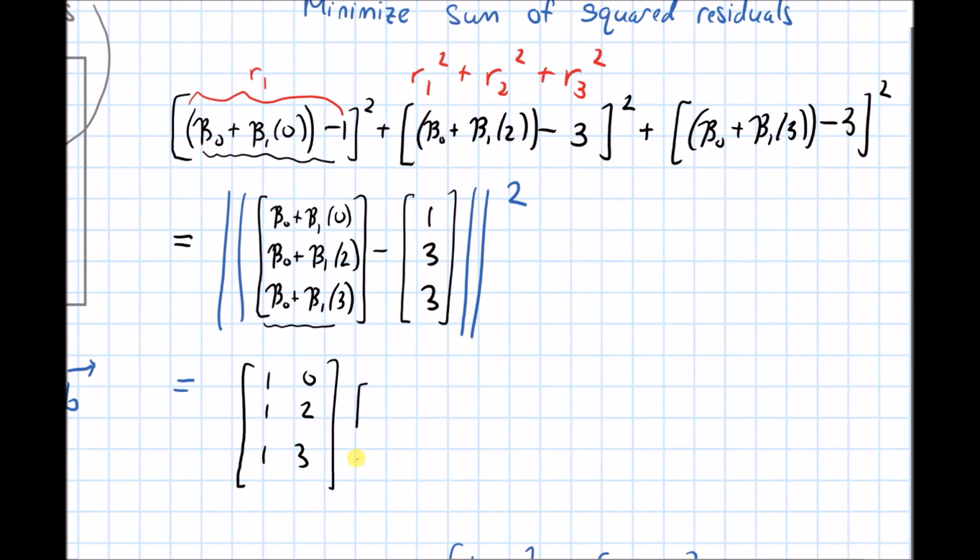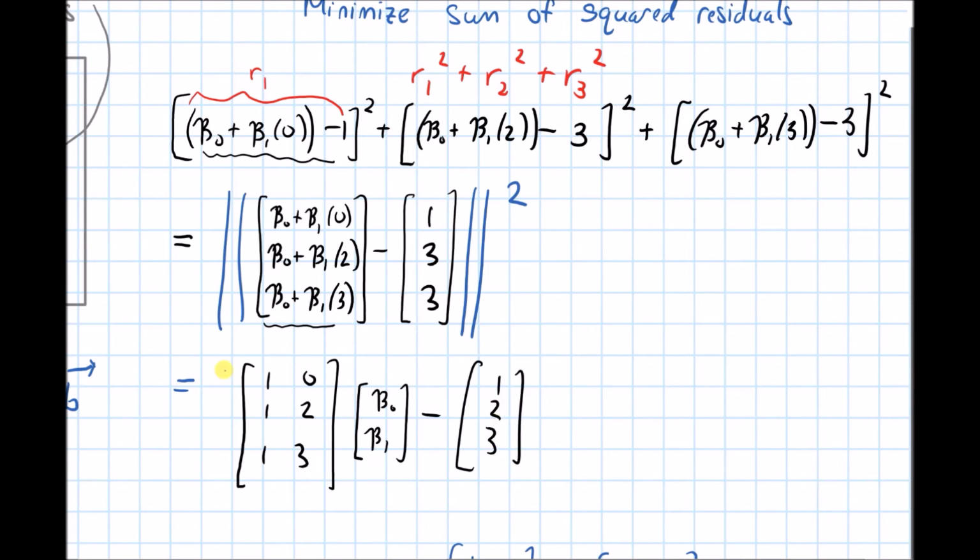That gets multiplied by the vector B0, B1. I can see that because when I multiply this matrix times this vector, we form a linear combination of the columns where the weight of the first column is B0, and that's where we get the B0, B0, B0 from. The weight of the second column is B1, and that's where we got these other three terms from. All right, so that minus the vector 1, 2, 3.